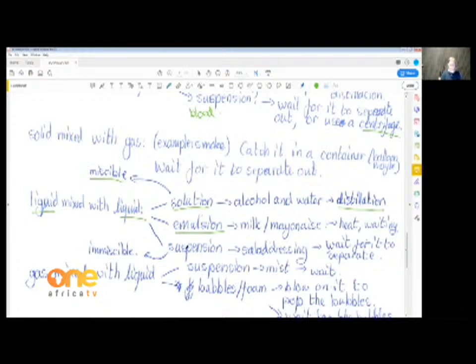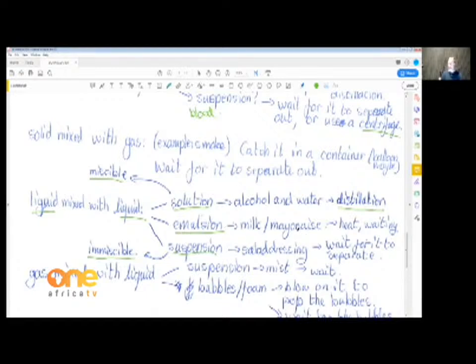Then we get suspensions. So this is known as immiscible fluids, which means it is two kinds of liquids that can't mix together, like oil and water.